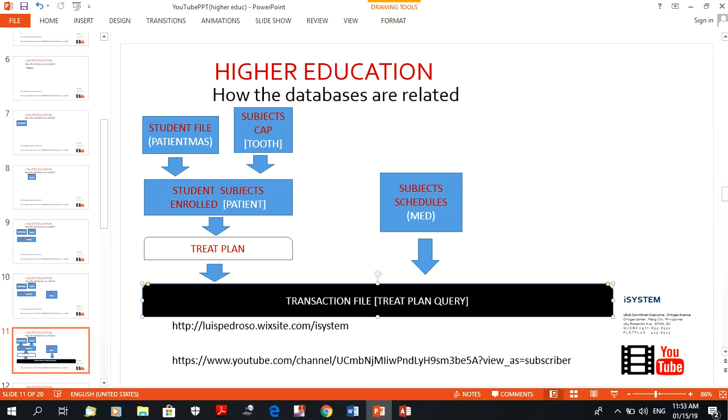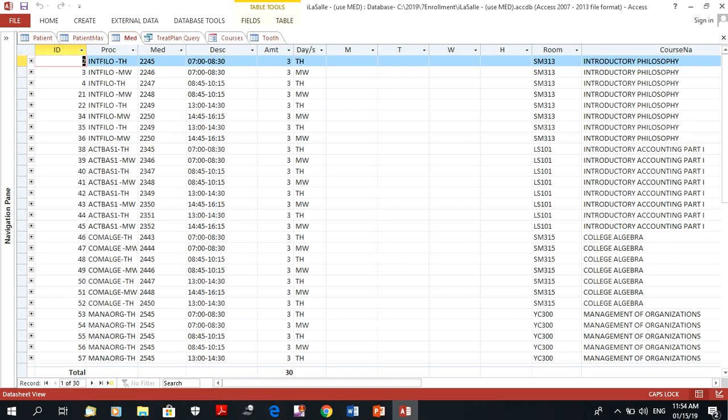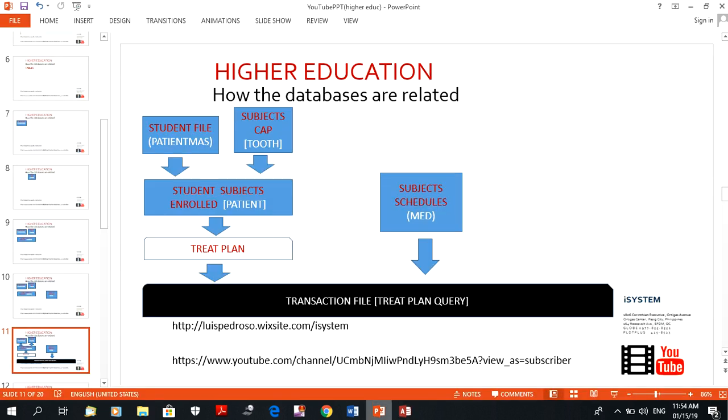Technically, this is where you build your transaction file. When you are here in the transaction file, those are the tables that you need. Here is the med table where, as we have said, the subject schedule is presented.